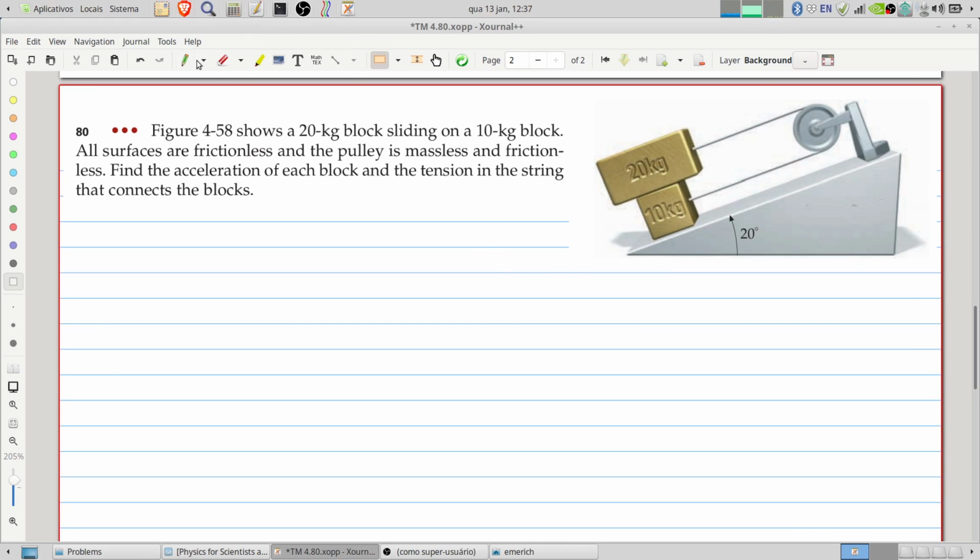Okay, let's start drawing the free body diagram of each block. So here we have a 20 kg block, inclined of course, so let's incline it. And also the 10 kg block, also inclined.